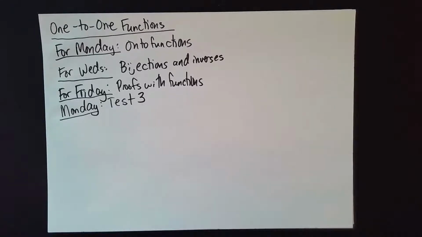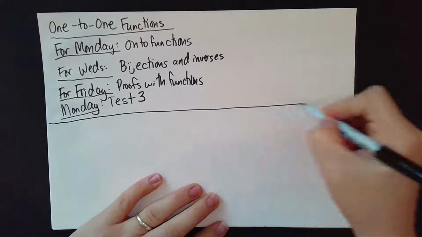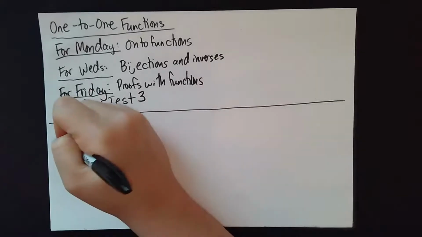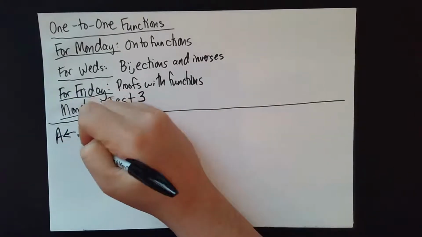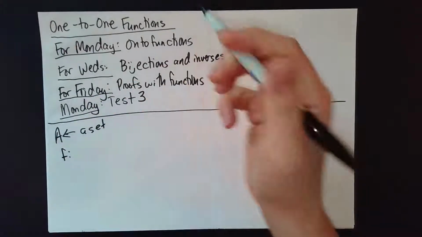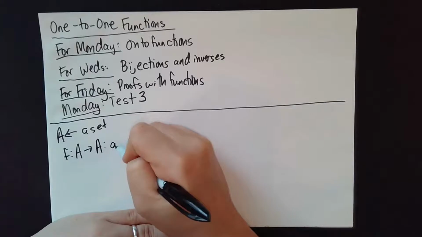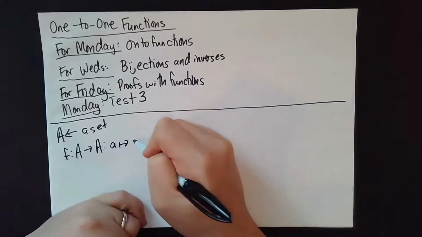Someone asks if f of x equals x is one-to-one. And I'll note this function actually makes sense for any set, so this A can be whatever set you like, just a set. Then I can define this function from A to A that takes little a and sends it to little a.